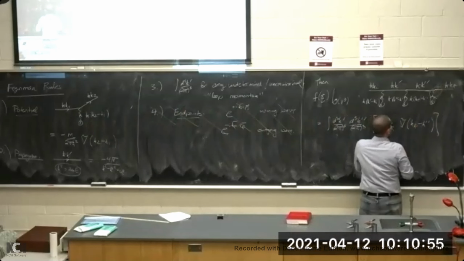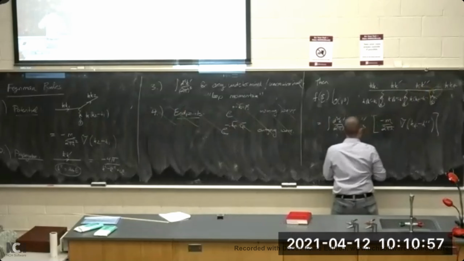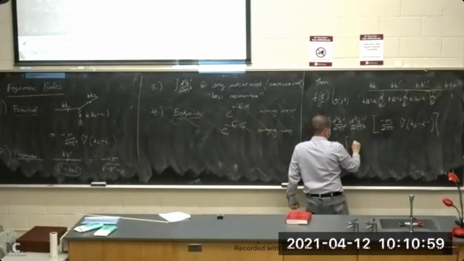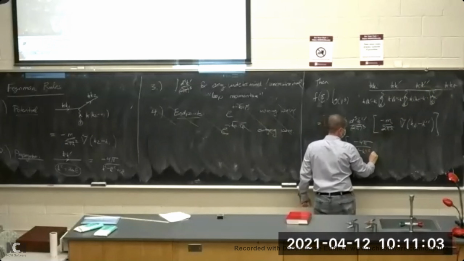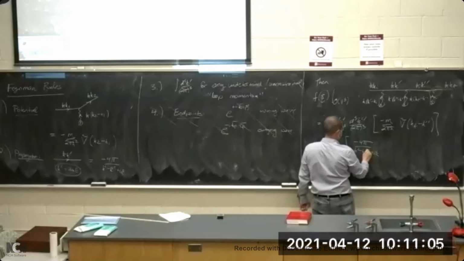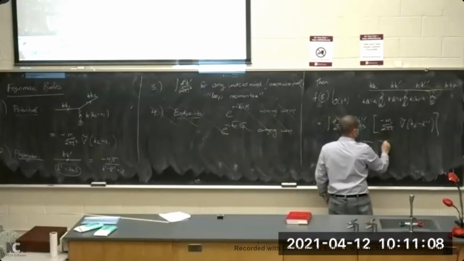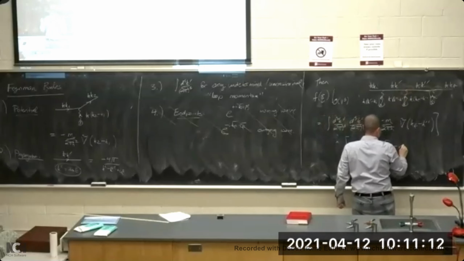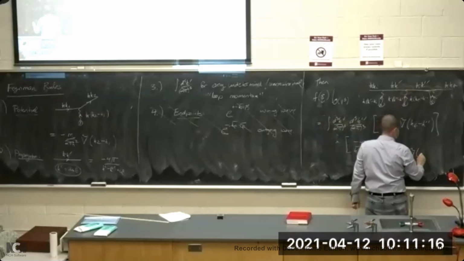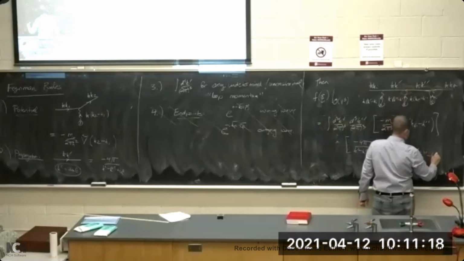For this propagator, I have minus 4π over k squared minus k' squared plus iε. For this vertex, I have minus m over 2πħ, Fourier transform potential of k'' minus k'.